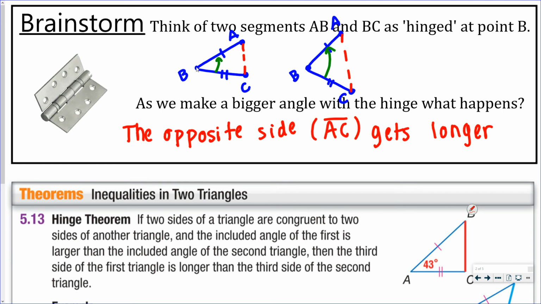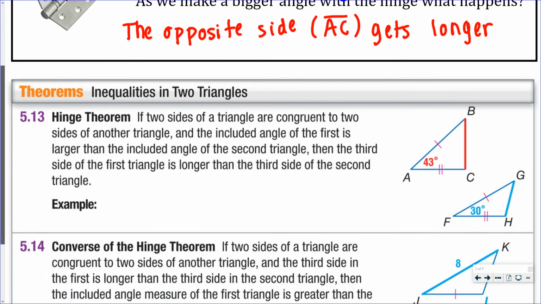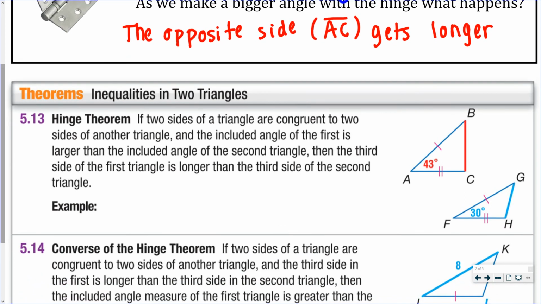So let's go through the hypothesis and conclusion of the hinge theorem. What do you need first in order to use this theorem? So the hypothesis here is that as long as you have the two congruent sides, and we're looking at their included angle, so I have this nice visual here for you. They're showing you right here, AB is congruent to FG in that second triangle. So here's the hypothesis.